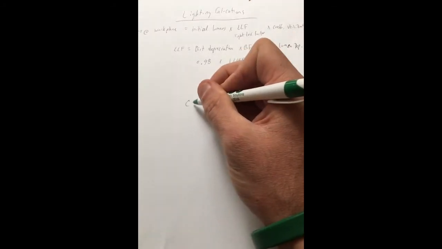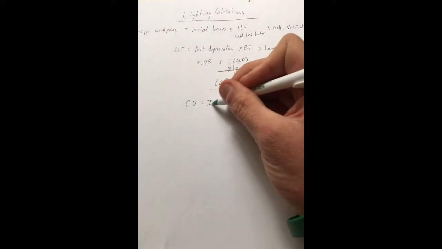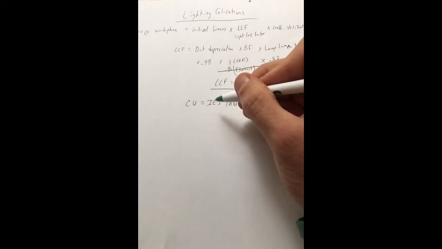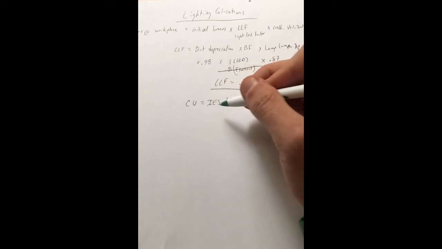Now our coefficient of utilization. So the coefficient of utilization, you need to know the IES tables. So like the IES file, which is determinant of, depending on your room, what that fixture actually looks like.